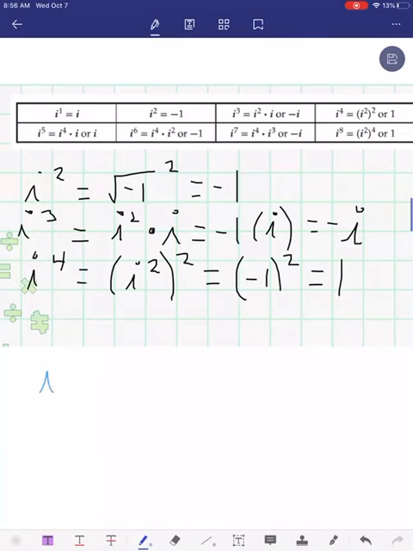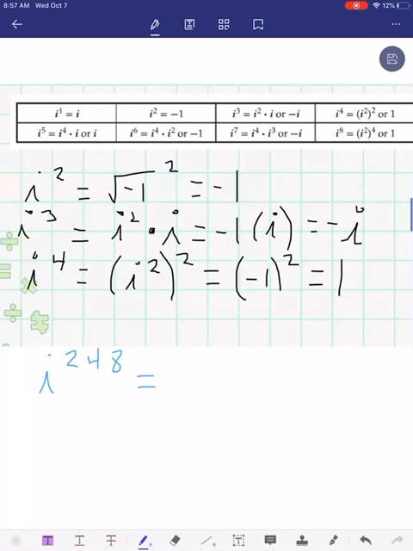So if I had, let's say, i to the 248. So we don't want to have to go through and figure out all of these little things and try and multiply it out or whatever. What we want to do instead is think about, okay, 248. If I divide that by 4, we should get 62.